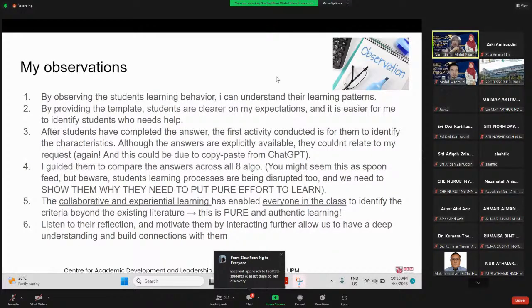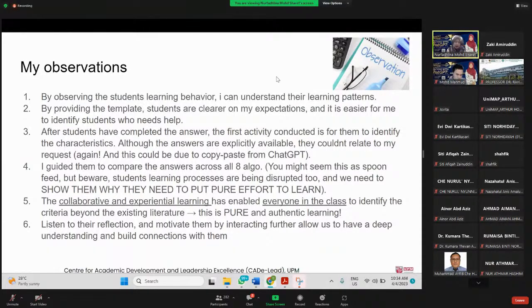After they have completed the answer, they identify the characteristics. So now I know and they understand what is the boundary of copy pasting. Now they know they need to put in pure effort to learn.